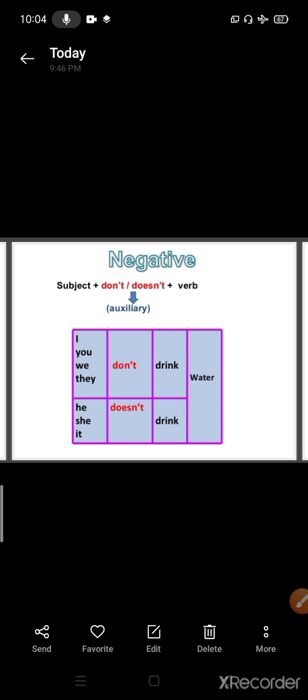But if the sentence is in past tense, you will use was not to convert it into the negative sentence. You have to use doesn't if the subject is singular. He, she, it or any singular subject you will use doesn't. And in the past tense you will use was not. For the plural you will use were not and for the singular you will use was not.